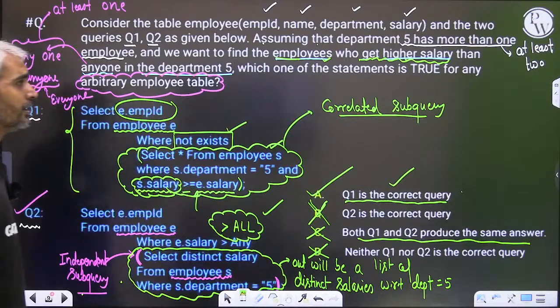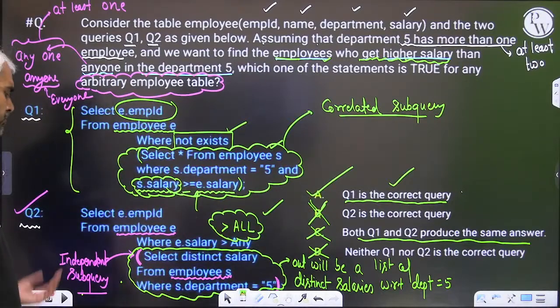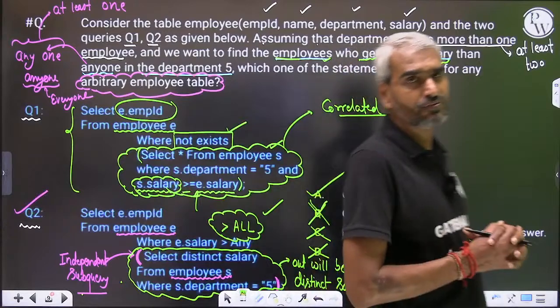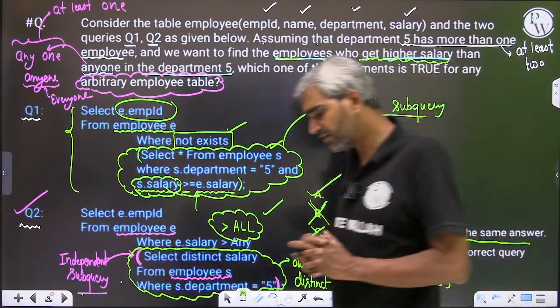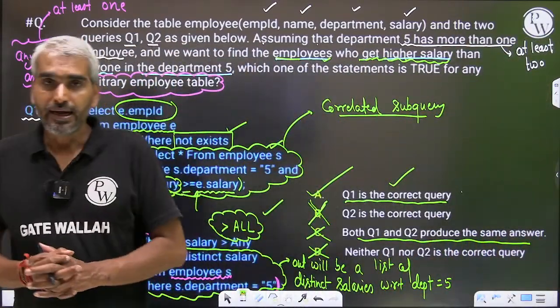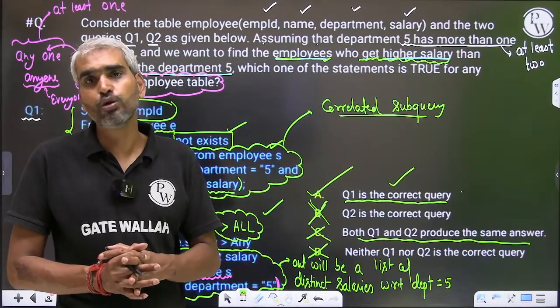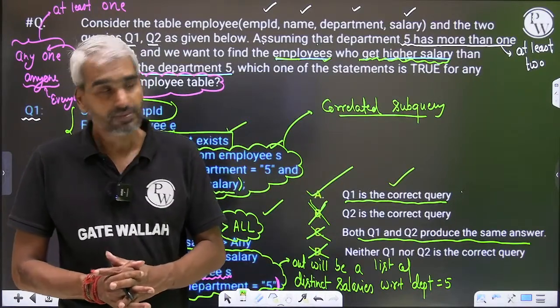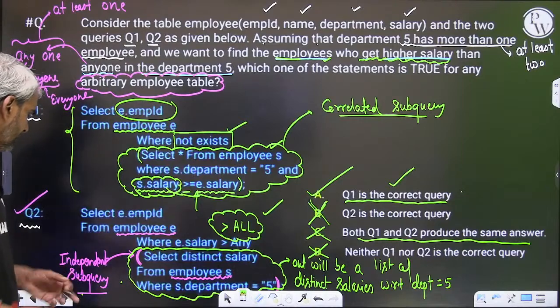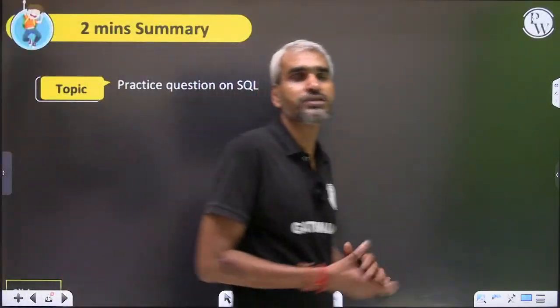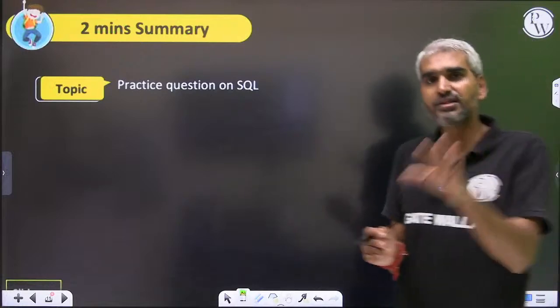Clear? We have discussed some questions on how exactly you will proceed with the structure of the query given in the question, and how you will reach the solution, that is, what will be produced by that particular query. With that, we will end this session, and we'll see some more questions on SQL along with relational algebra.